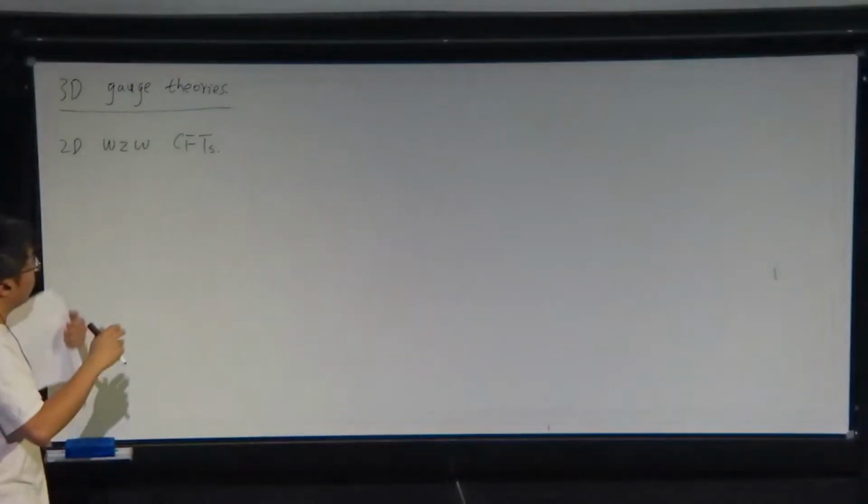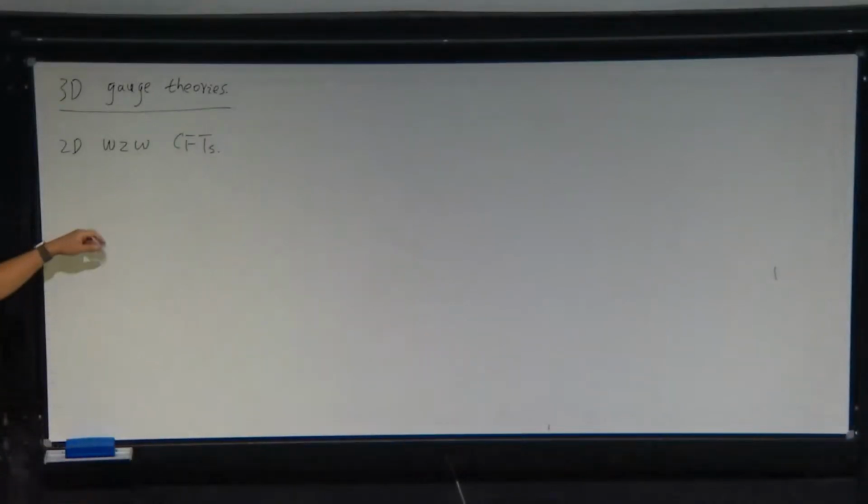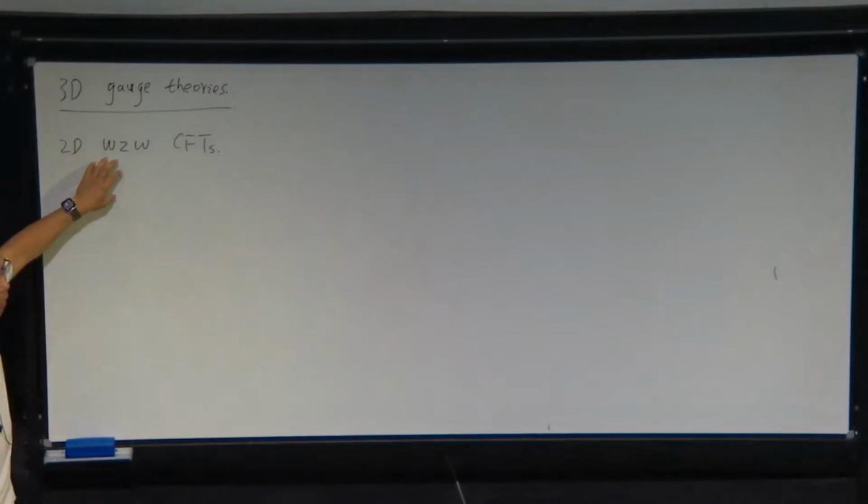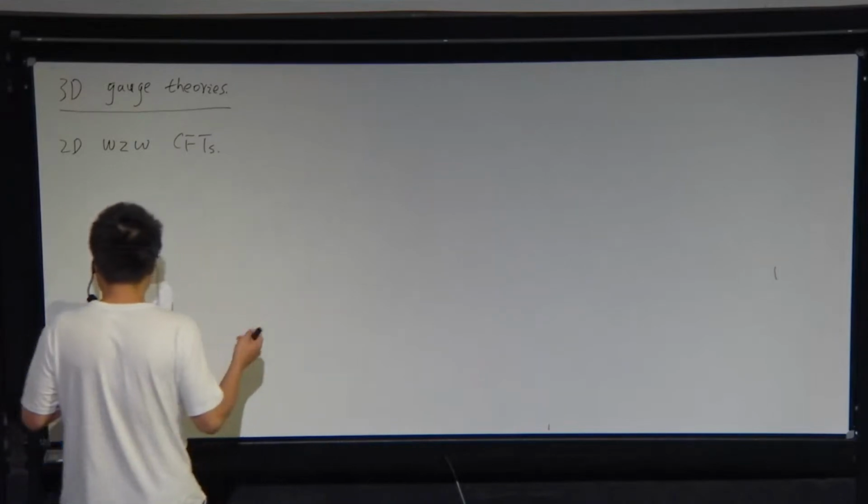As you will see, the way that we realize 3D gauge theories on the fuzzy sphere is actually closely related to this. You can view it as some 3D version of Wess-Zumino-Witten models. I think everyone should know Wess-Zumino-Witten CFTs.